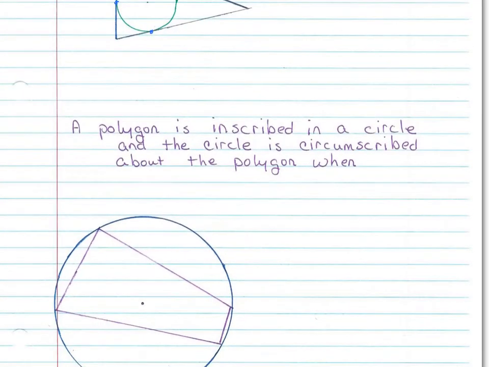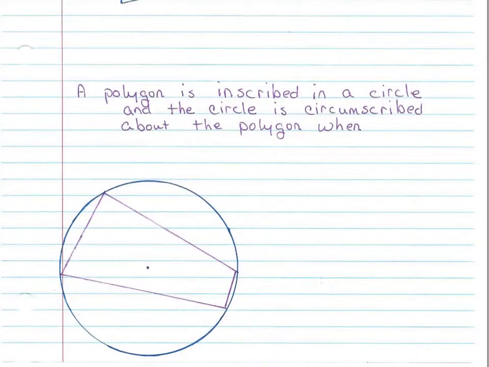Now, a polygon is inscribed in a circle, and the circle is circumscribed about the polygon, when each vertex of the polygon lies on the circle.